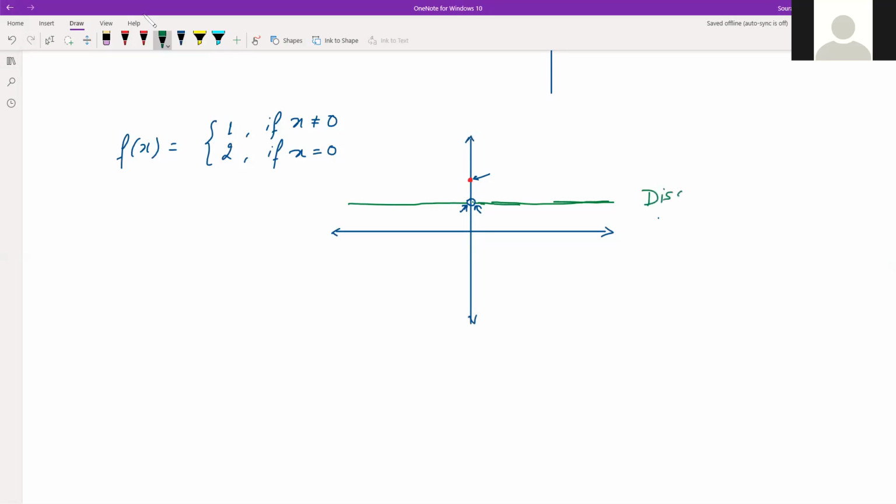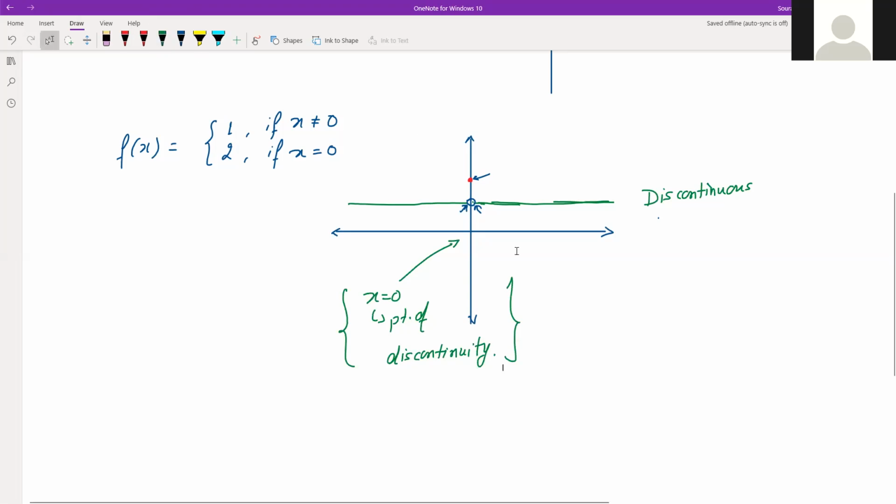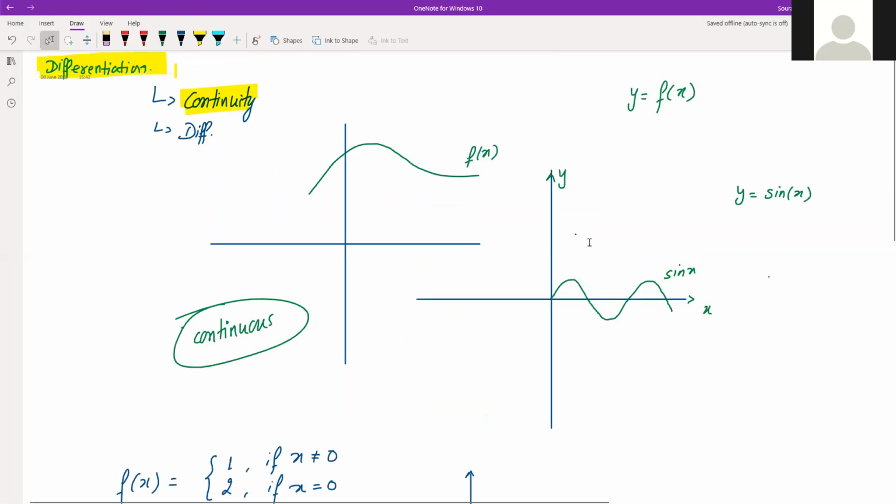So this is a discontinuous function, and this point, that is x equals 0, is the point of discontinuity. So that's what discontinuous and continuous functions are.